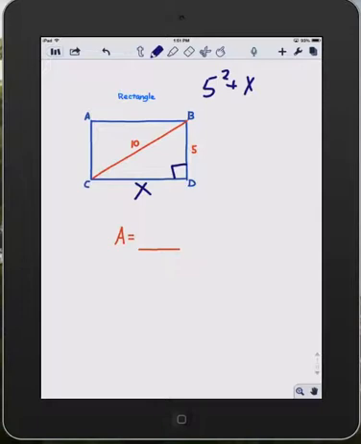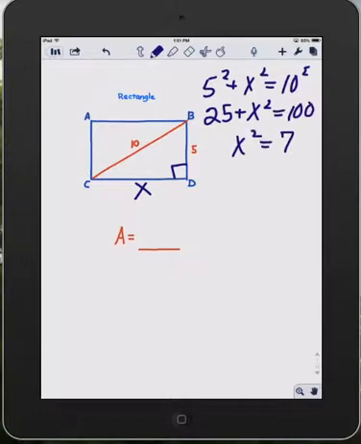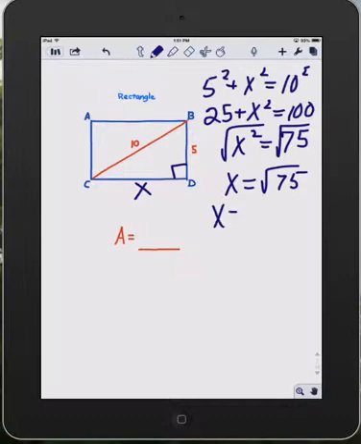And you have 25 plus x squared equals 100. And you subtract 25 from each side, which gives you x squared equals 75. And you take the square root of each side, we get x equals the square root of 75. But that has to be simplified, so we say x equals square root of 25 times square root of 3. And we have 5 times square root of 3 is the value for x.